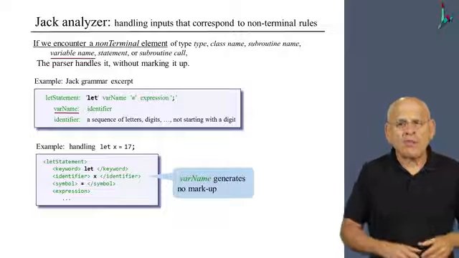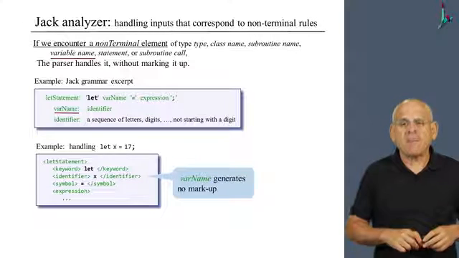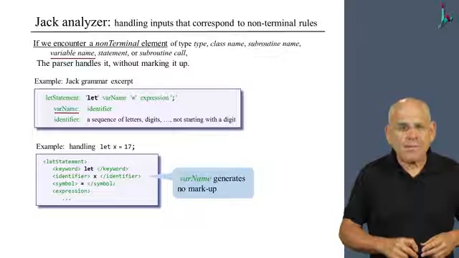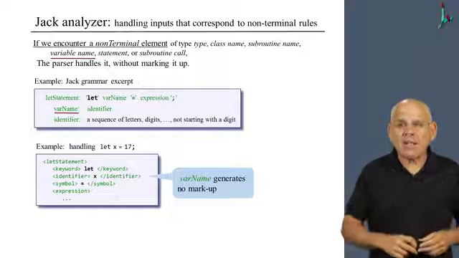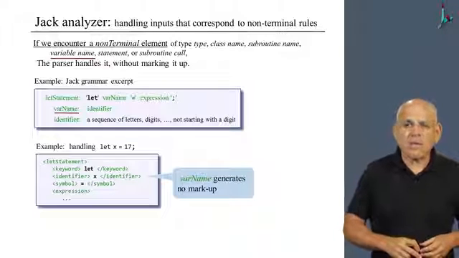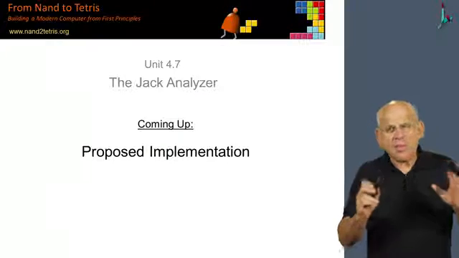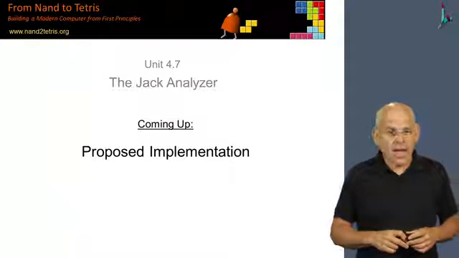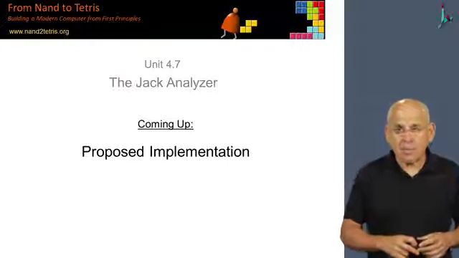So we allow ourselves to skip the parsing of these simple rules because we want to try to eliminate some of the clutter that will result if we didn't take these shortcuts here. So that's what I wanted to say about the outputs that the Jack analyzer is expected to emit.